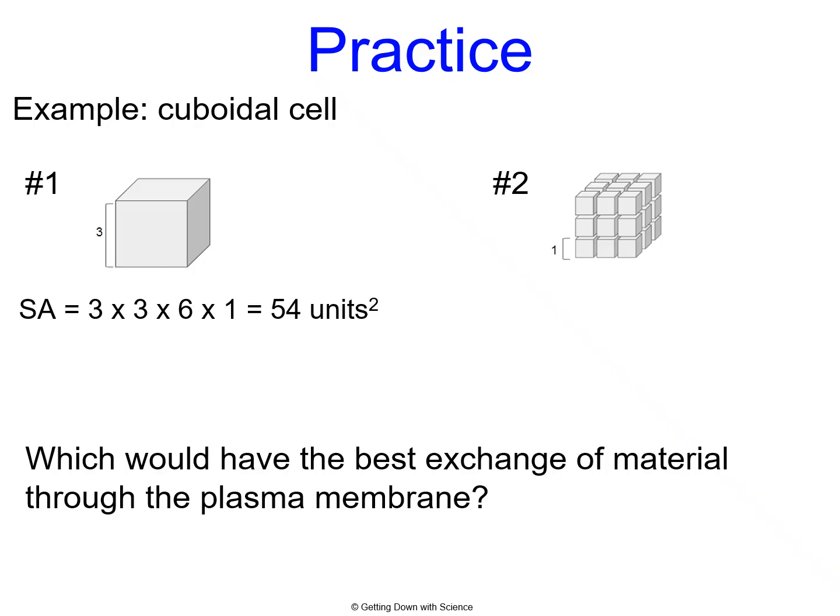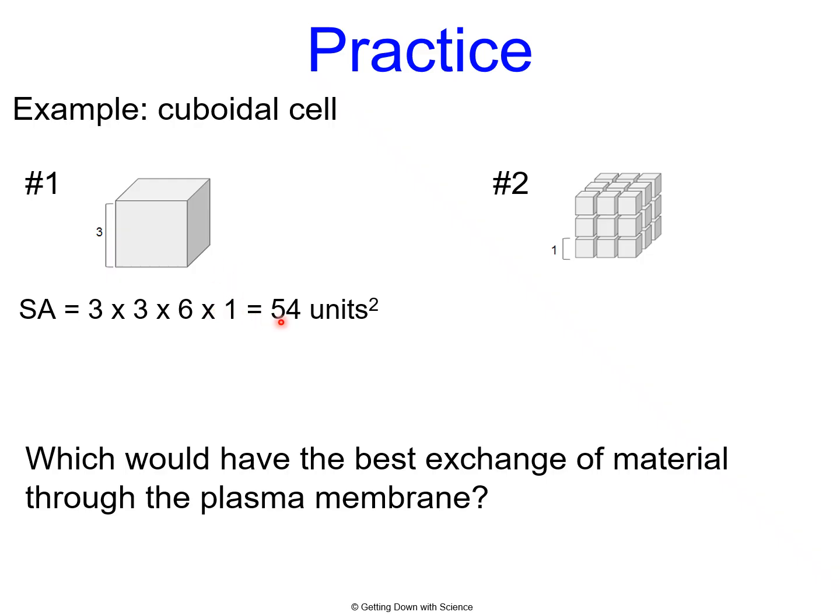So when calculating the surface area, remember that the surface area is going to be the height of the cell times the width of the cell, and this is a cube, so the height is also the same as the width, times the number of sides on the cell times the number of boxes, right?